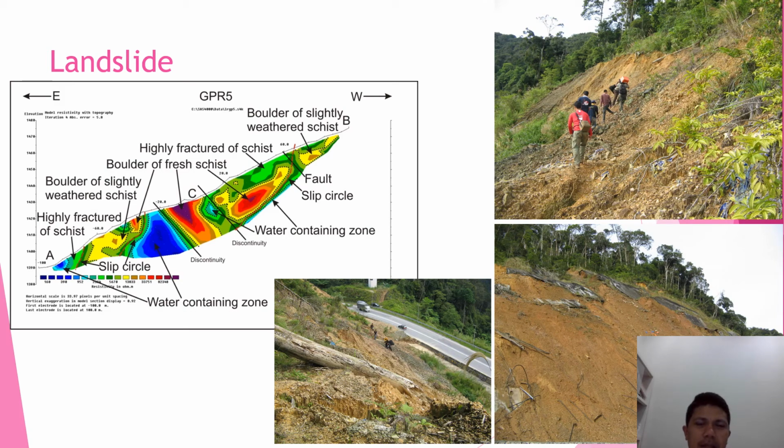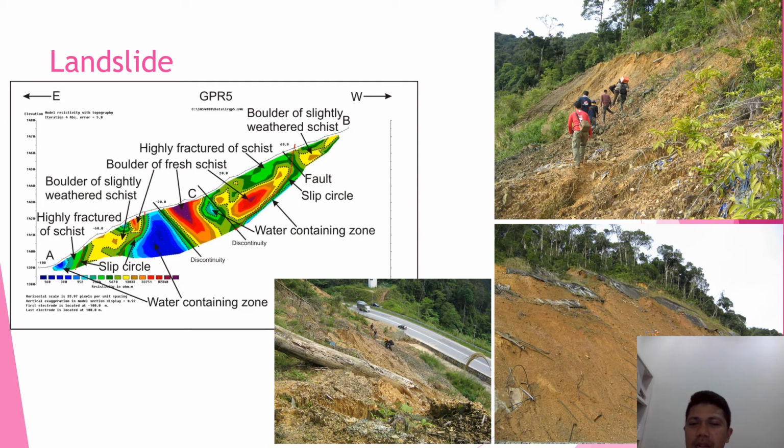And then next we have a case for landslide. My team was involved in the Gunung Pass area. Here is a schist slope that keeps failing. I think they have already finished developing the tunnel.